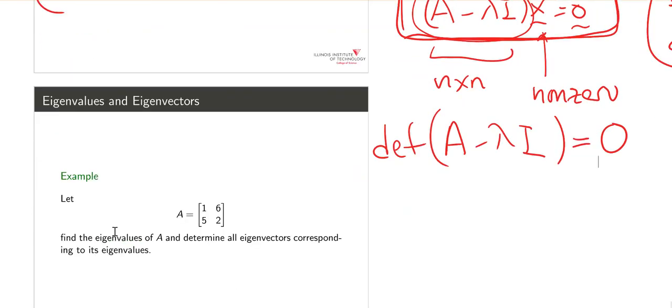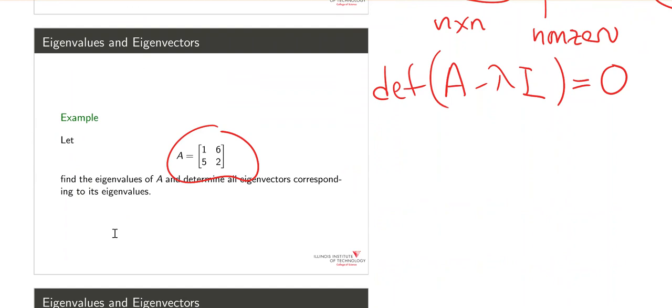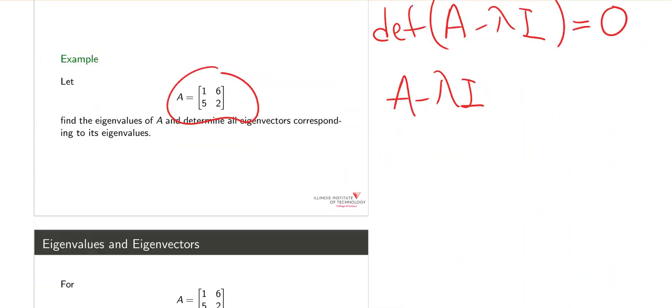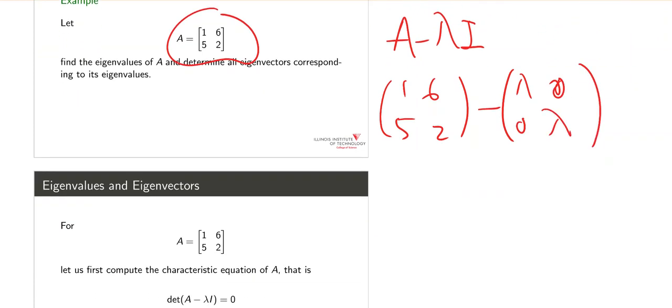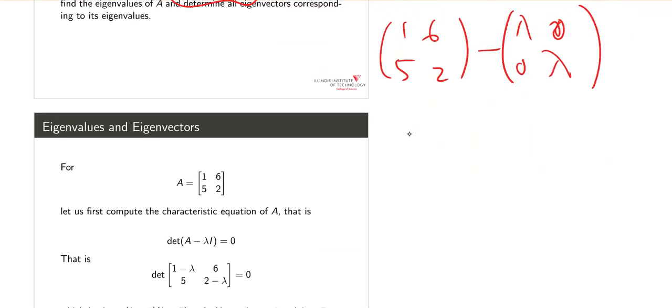So for example, if you take this matrix A and you want to find the eigenvalues, we take A minus lambda I. Make sure you know what this thing means. Lambda I in this case is going to be the matrix with lambda, 0, 0, lambda. That is lambda I. If you do that computation, you will get 1 minus lambda, 6, 5, and 2 minus lambda.